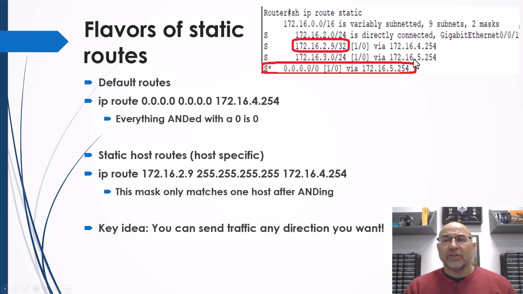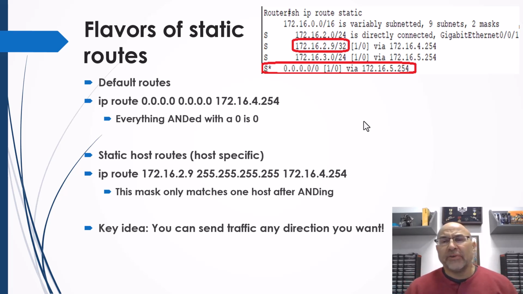This is a /32 for a host that's beyond other routers. So here we've got an example of 2.9/32. So this particular router is directly connected to the 1, the 5, and the 4, but we have a host-specific route.